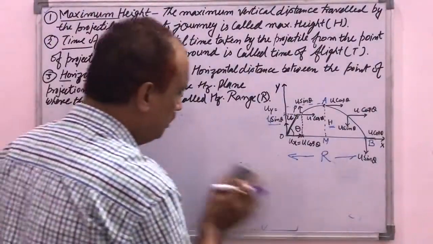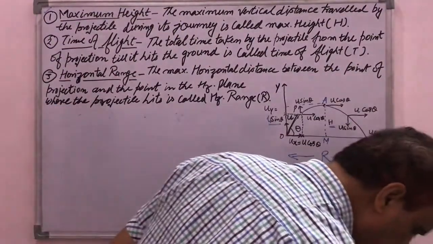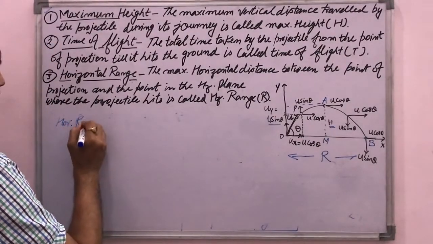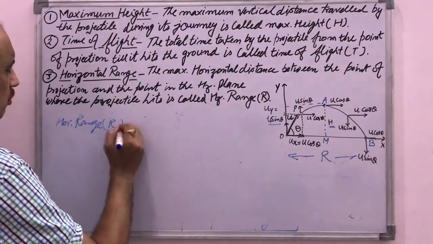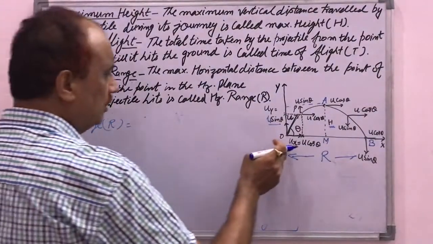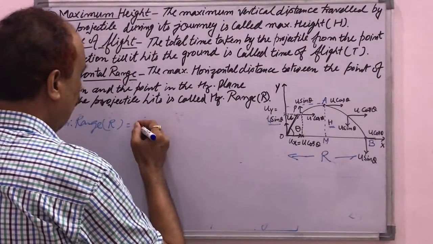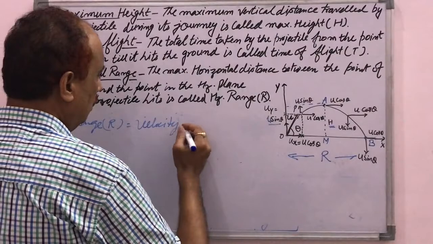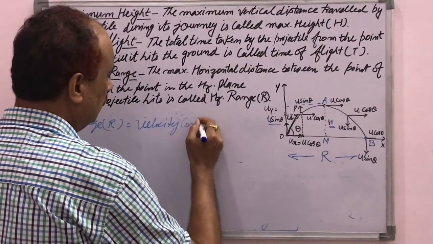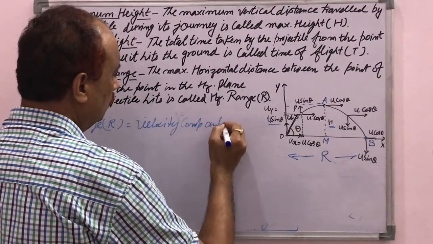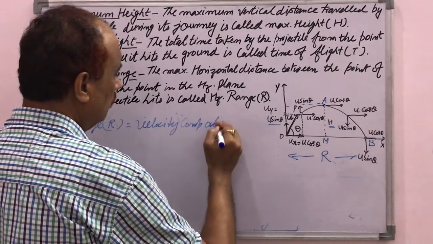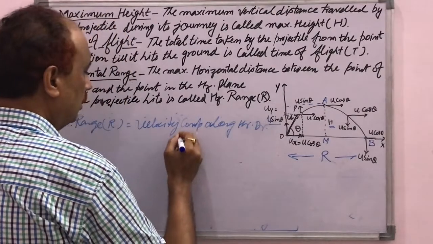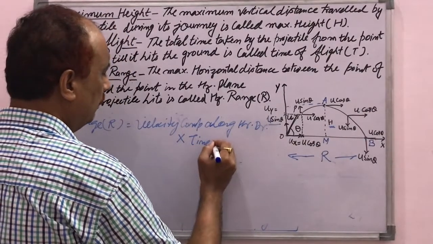Now the horizontal range R will be equal to the horizontal component of the velocity, that is the velocity component along the horizontal direction, into the time of flight.